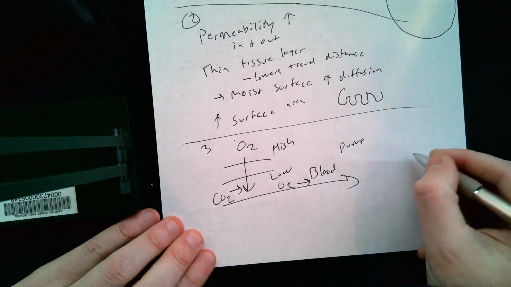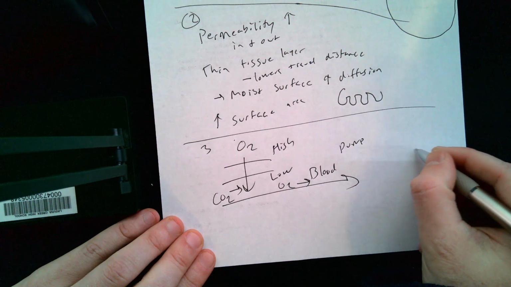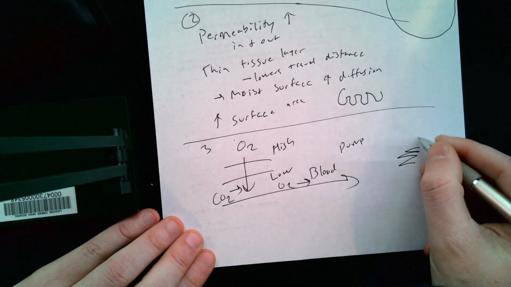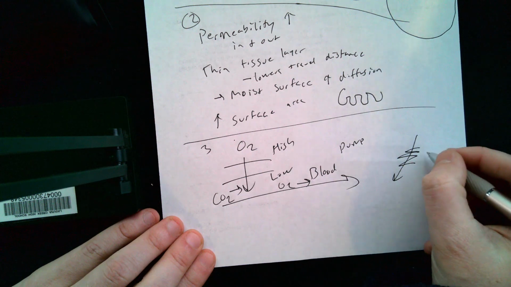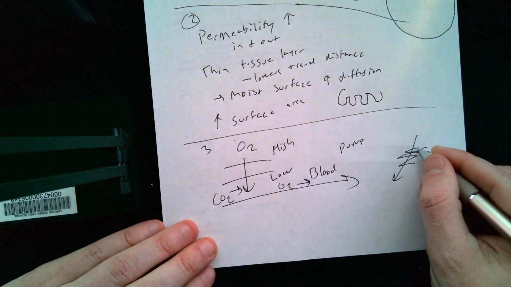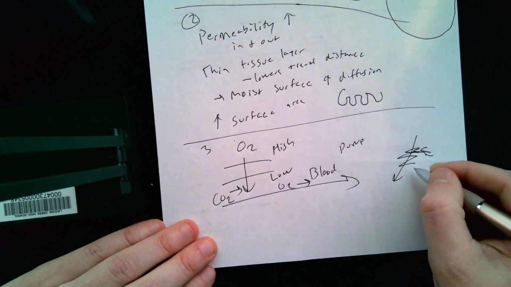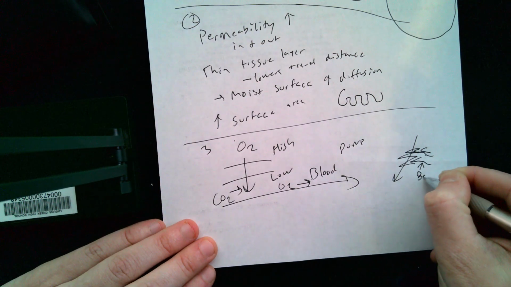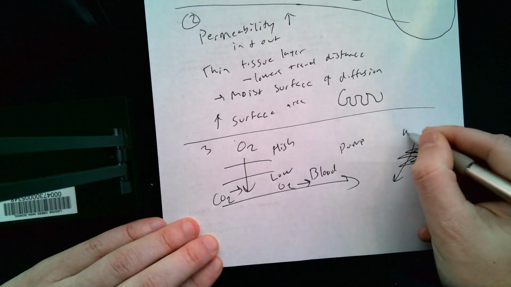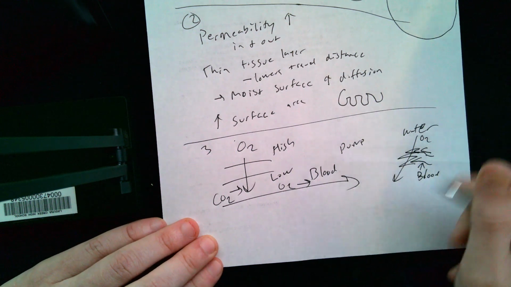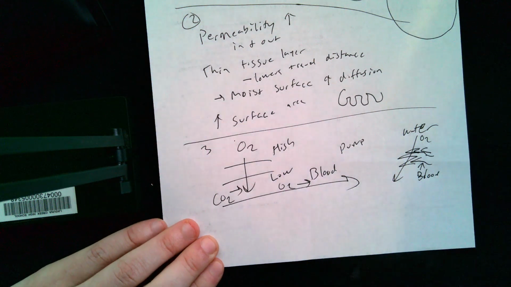The other thing you can do, if you're a fish, is you have your gills and you swim, and water will go along them, right? You have your blood vessels in here, so this is blood and this is water. The movement of the water is going to bring more O2, and then the blood will carry it away.